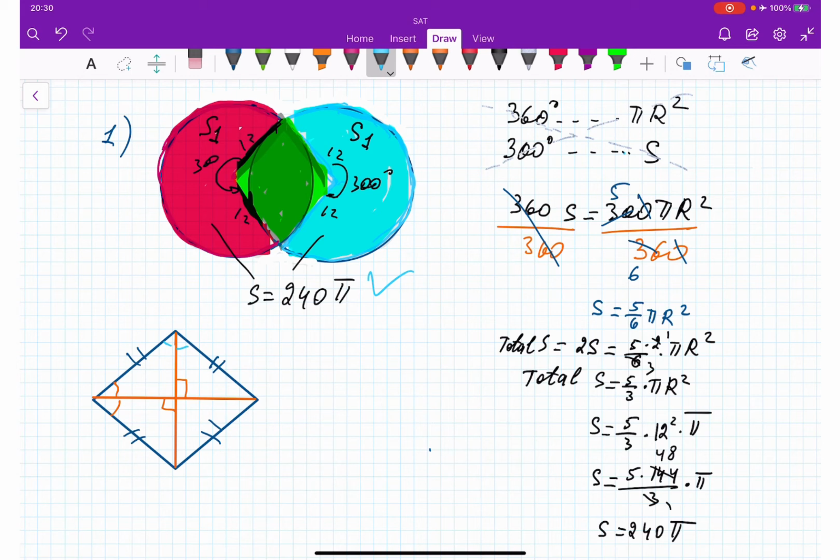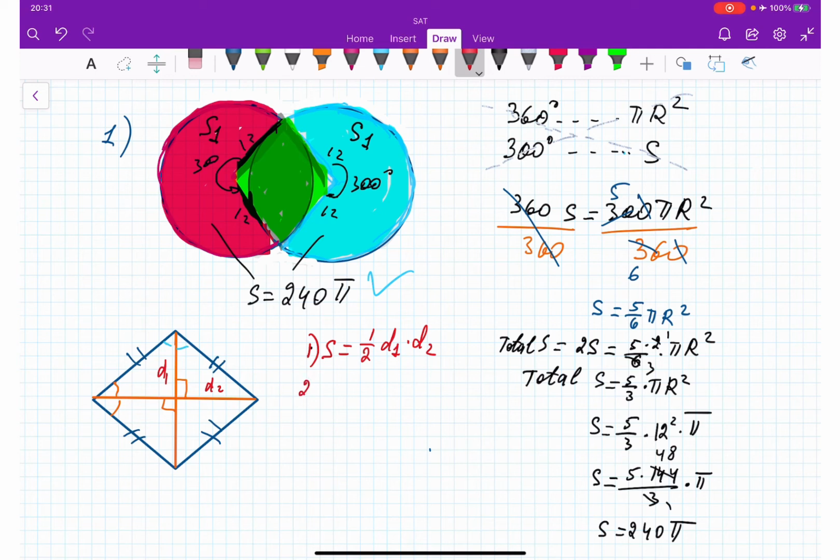First one is area S is equal to 1/2 first diagonal times second diagonal. Let's say this is the first diagonal, this is the second diagonal, vertical and horizontal diagonals. Okay, so this is one way.